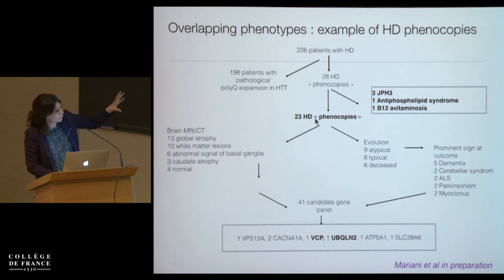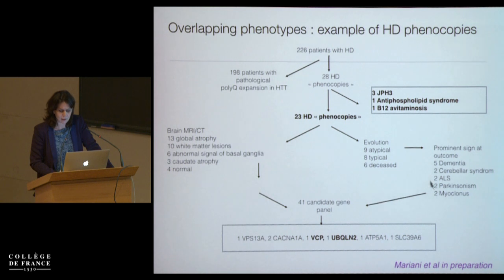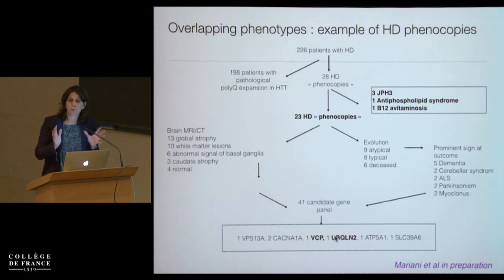When you follow them and look at how they evolve over time, they have different clinical outcomes, more cerebellar or even motor neuron disease. Then when we did a gene panel analysis in these patients, we found one or two genes at least which are completely responsible for frontotemporal dementia.